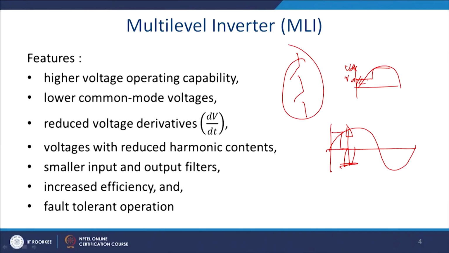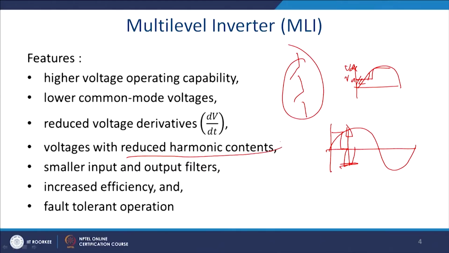But in this case, since you can apply something like this, the instantaneous error is half. If you go to a 3 level inverter, and then to many more levels, this instantaneous error diminishes. And since of that, the harmonic content will be reduced.